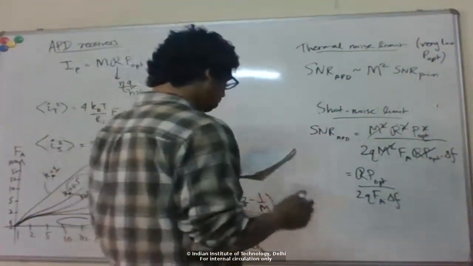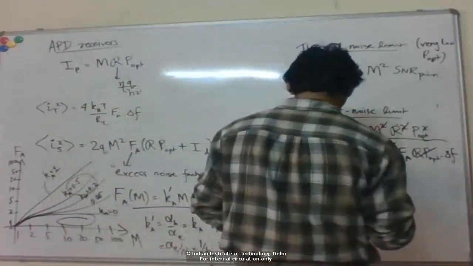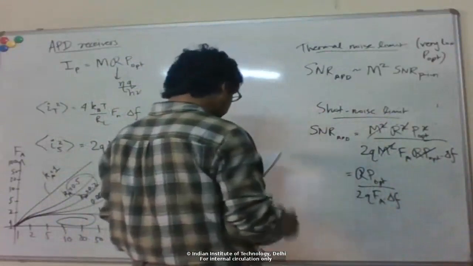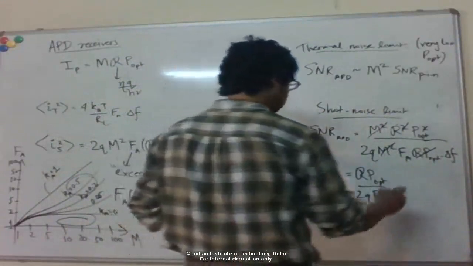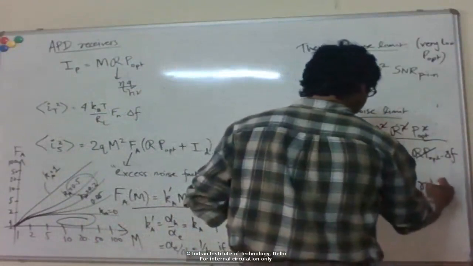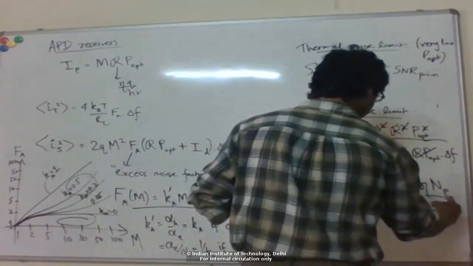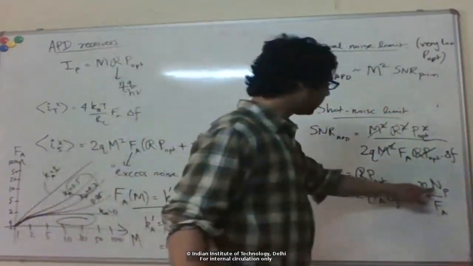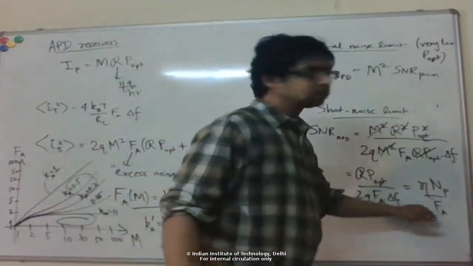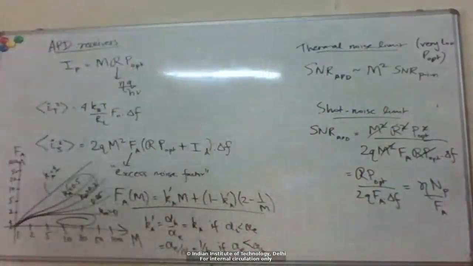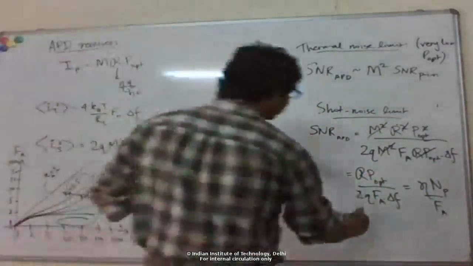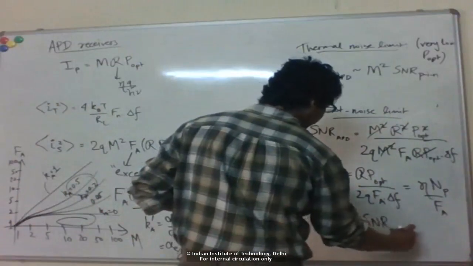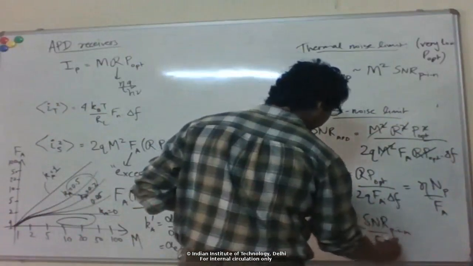So if we write in terms of the photon number per bit, like we did for the PIN, we get the photon number divided by this excess noise factor Fa. Okay, so you can see that this is worse compared to the PIN photodiode by this excess noise factor.